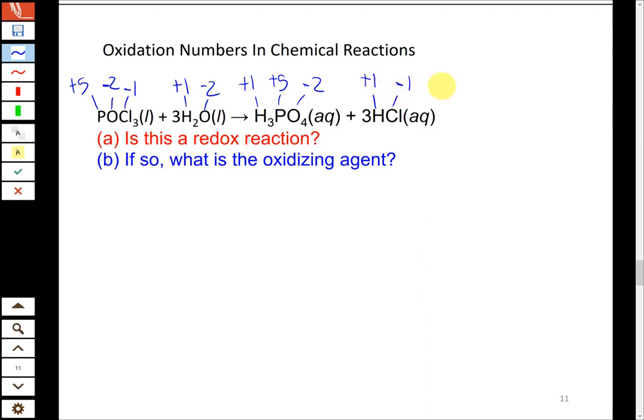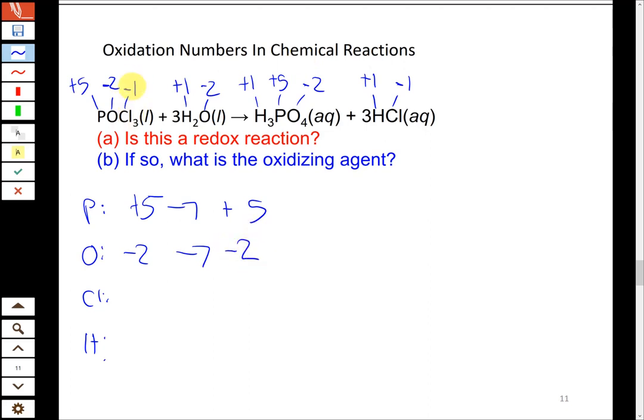So if we look at the oxidation numbers in this reaction, we have 4 different elements involved: phosphorus, oxygen, chlorine, and hydrogen. Phosphorus on the reactant side is +5, and on the product side is +5, so that's not changing. Oxygen is -2 in 2 places on the reactant side, both in POCl3 and in H2O. On the product side, oxygen only appears once, and it's still -2.